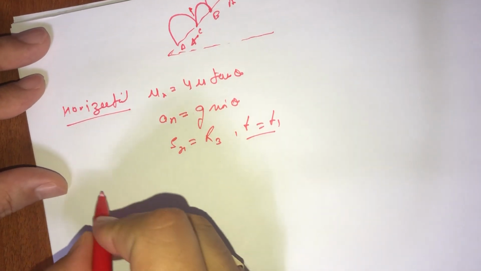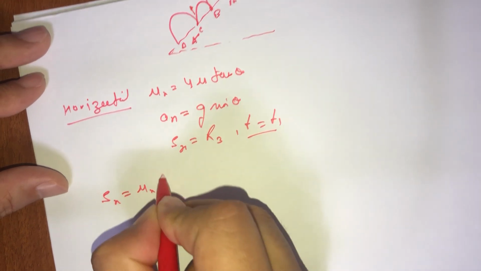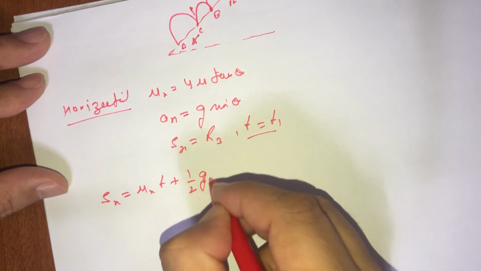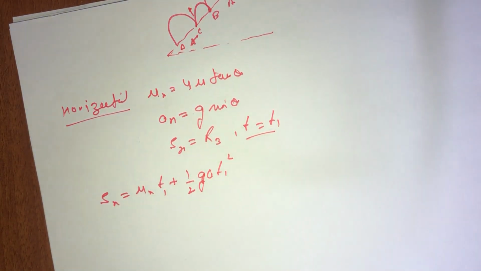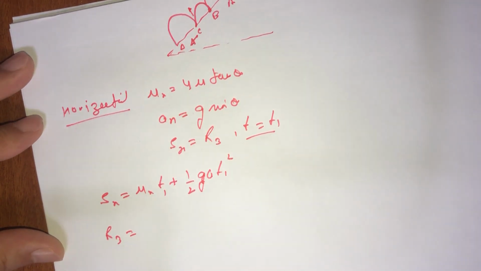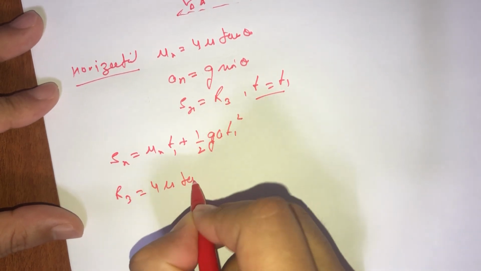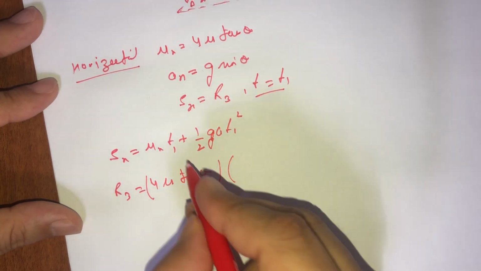We are going to use the formula s of x is equal to ux t plus 1/2 a t1 square. So sx is r3, ux is 4u tan theta multiplied by t1.